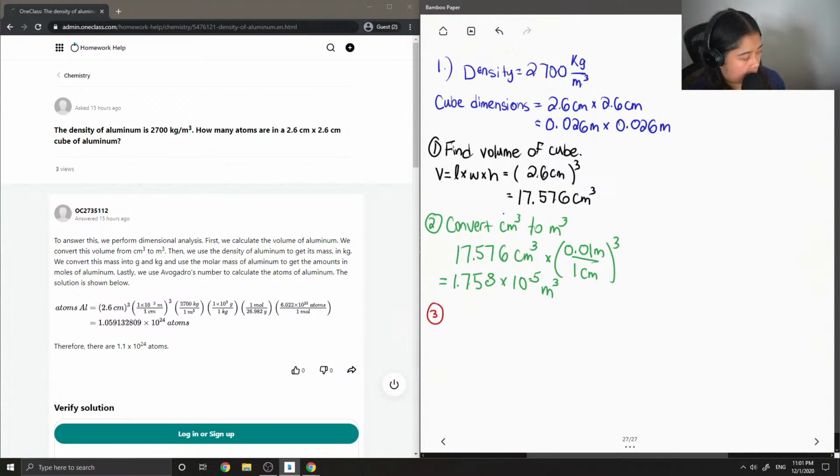So step 3 is to convert meters cubed to kilograms. If we recall that our density is 2,700 kilograms per meter cubed, we would just need to multiply our meters cubed value by the density.